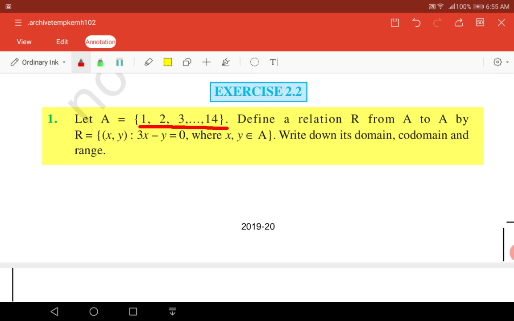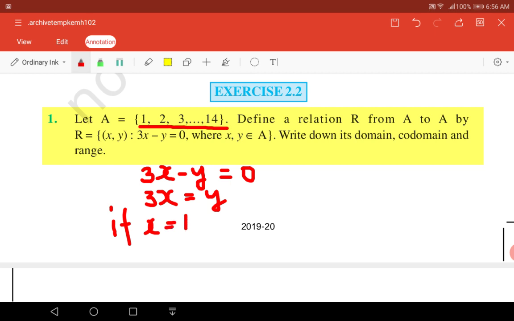So as we know, the relation is 3x minus y equal to 0, or we can say that 3x is equal to y. So if we take x equal to 1, then y will be 3 into 1, which is 3.